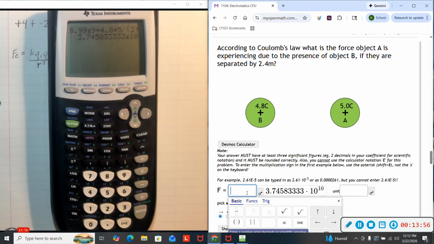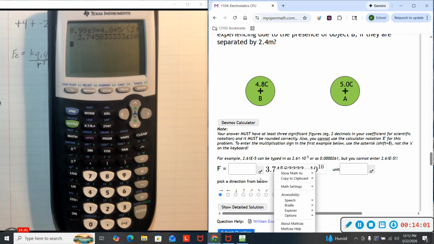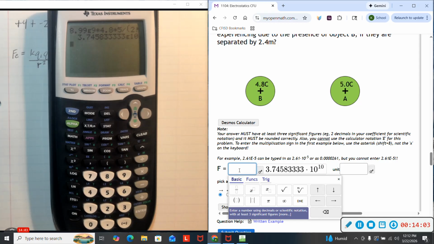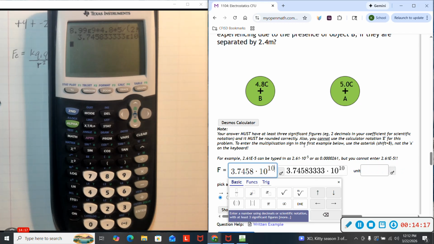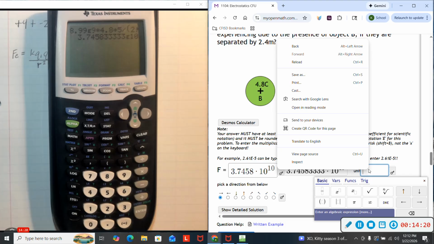I think it is going to allow me, maybe I can, no, it won't let me copy paste. I have to type this one in. You actually can't use the E because of the way that it's programmed in. That should be enough digits, I think. Newtons.